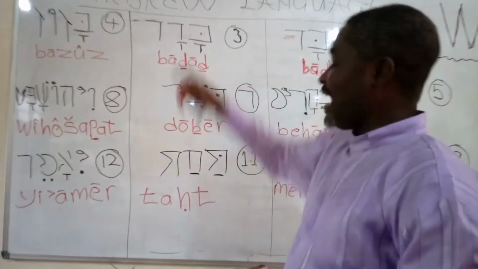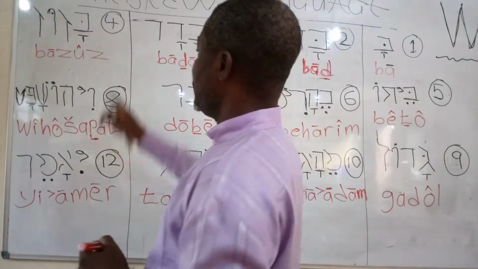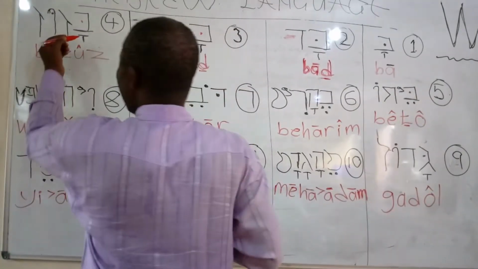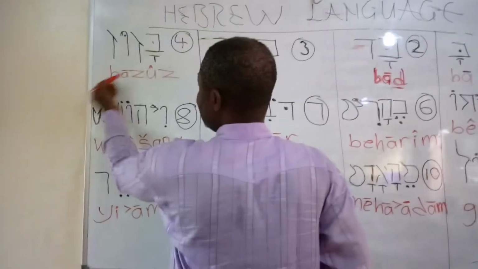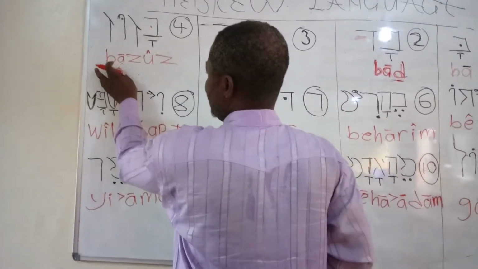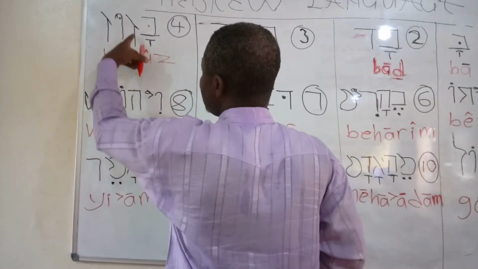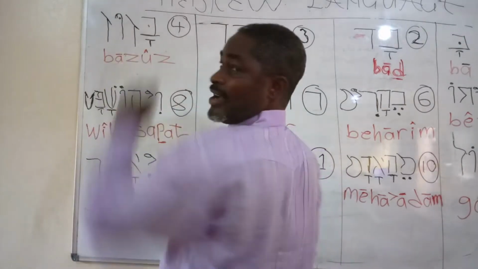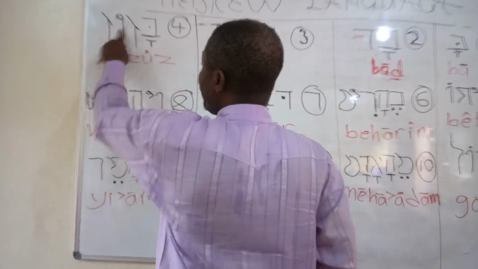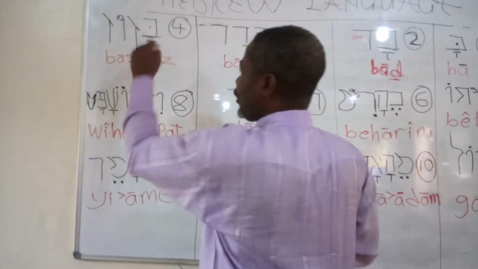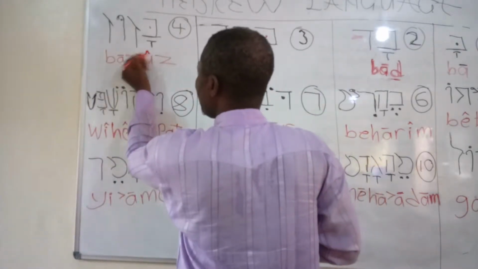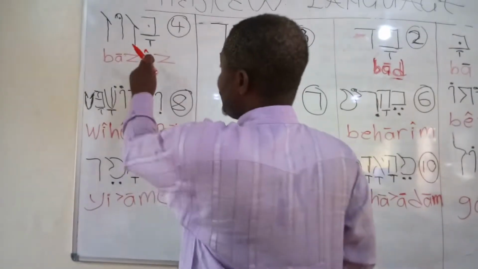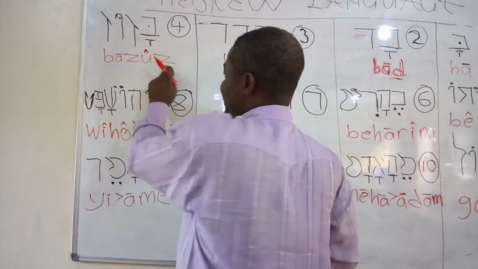Then the next one is bazuz. You have bet, which is here, kamets, which is here, a long A. Then you have zayin, which is a Z. Then you have shureq, which is a long U. Shureq is the sign of long, not just ordinarily long, but long. Then zayin again, which is a Z. So you have bazuz.